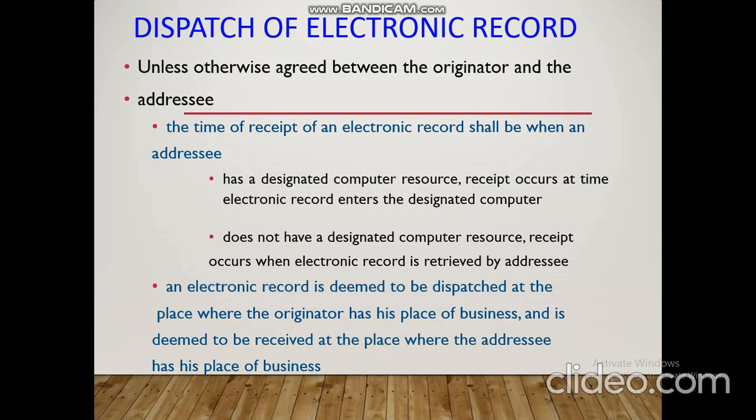If there is no designated computer resource, receipt occurs when the electronic record is retrieved by the addressee. The electronic record is deemed to be dispatched at the place where the originator has his place of business, and is deemed to be received at the place where the addressee has his place of business.